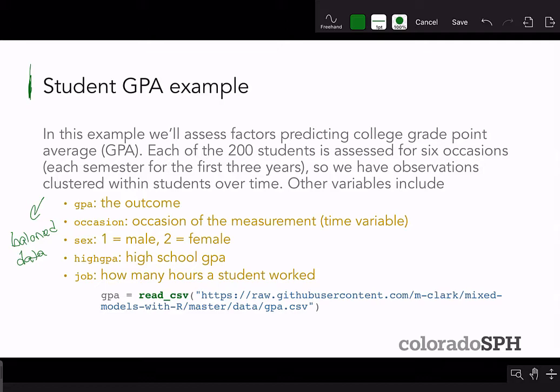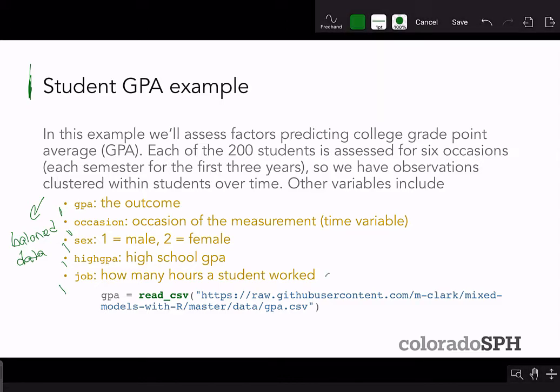So other variables in the data set include GPA, which is the outcome, occasion, that's the time variable, with 6 time points per person. You have sex, which is binary, indicating male or female. High GPA, which is the high school GPA of each student. And job, which is how many hours a student worked.